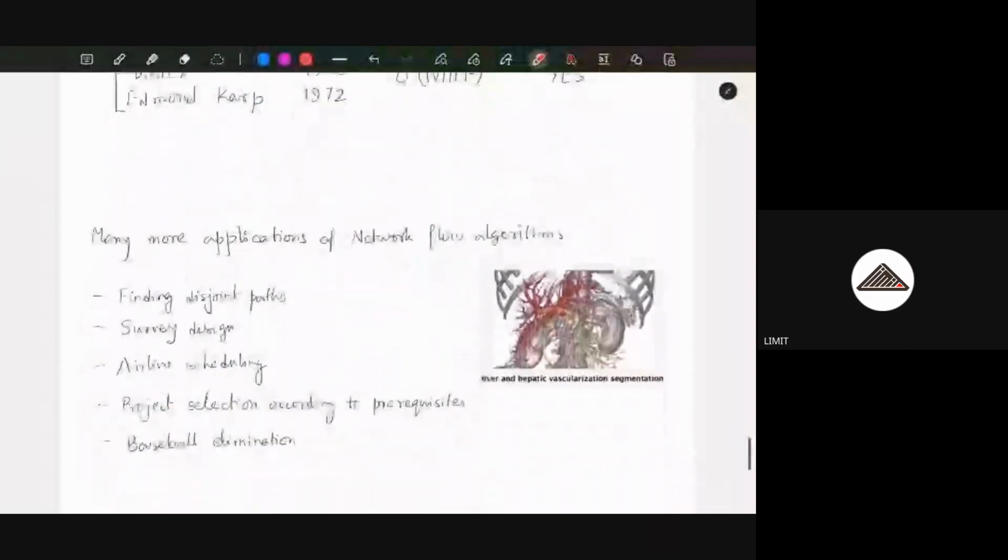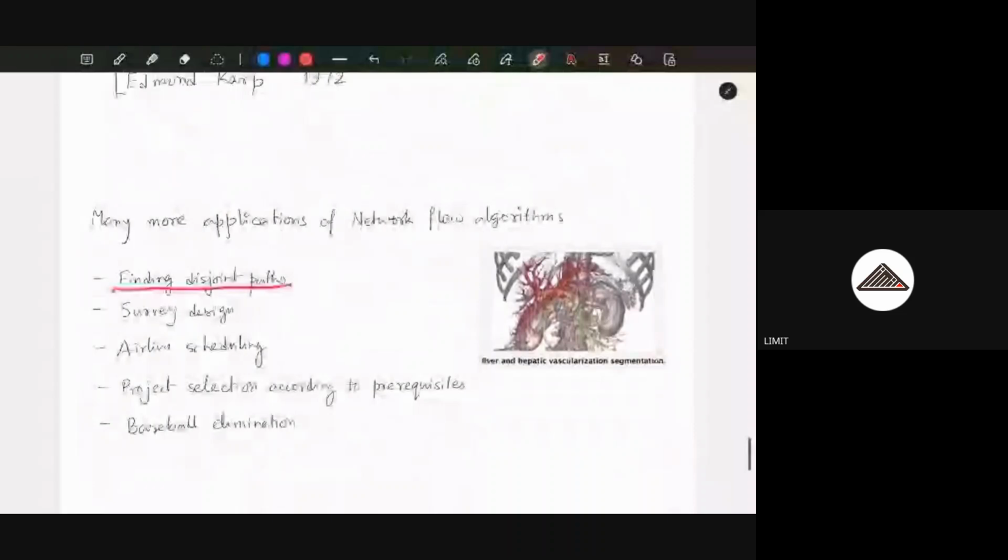And you can find many more applications, like in decision making, circuit design, scheduling, or project selection. So join V to W if V is a prerequisite of W. You can try to find a maximum matching there, or maybe baseball elimination.